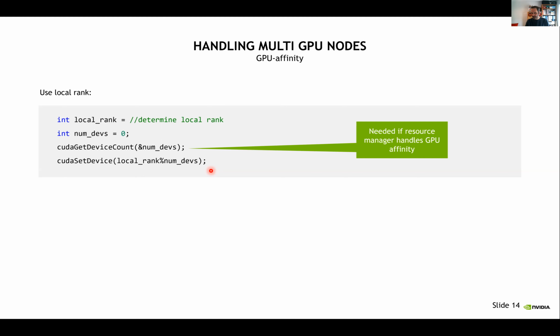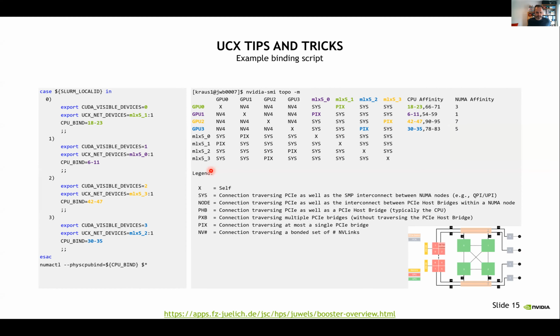As it might be useful for your own tuning and to explain what a resource manager would in principle do to handle GPU affinity, I've provided an example binding script. This is the output of nvidia-smi topo -m, which gives you the system topology of a node from JUWELS Booster.